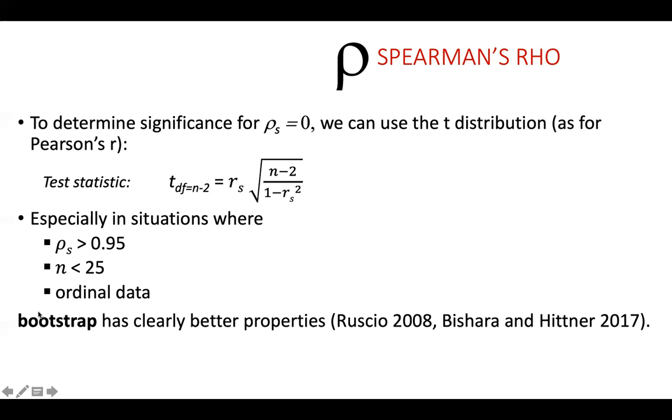And I said that last week already, especially if we have a small sample size, I would probably always prefer to bootstrap the confidence interval and also use either bootstrapping or permutation testing for significance testing.